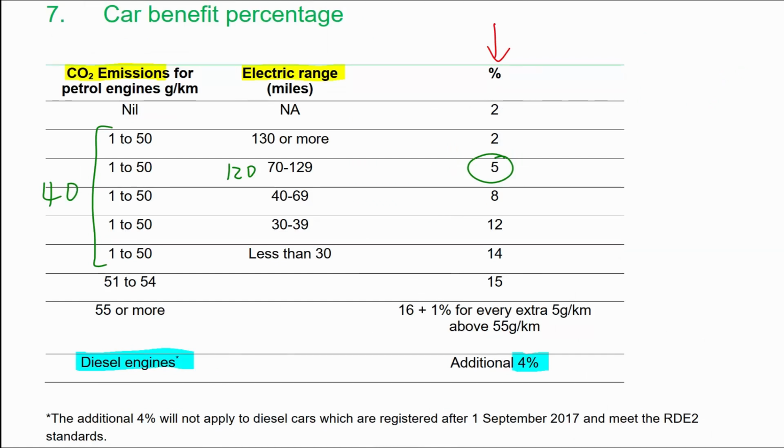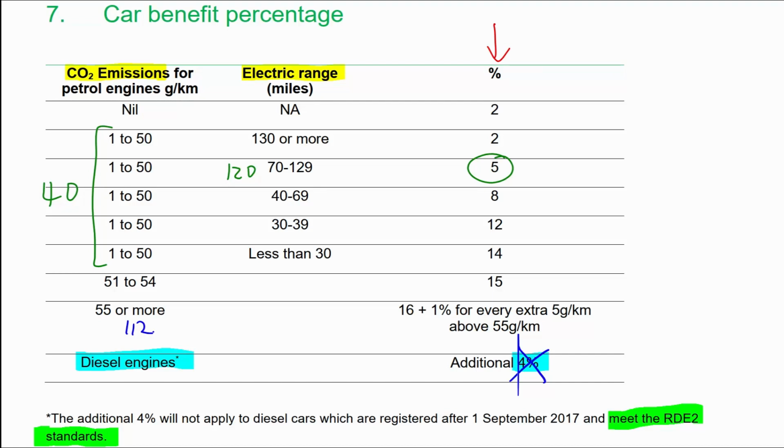So this is a diesel engine, so we've got that 4% extra, although not if they meet this standard, which this car does. So in this case, we don't have to worry about that extra 4%. The question told us that the carbon dioxide emissions were 112 grams per kilometre. So that's more than the 55.